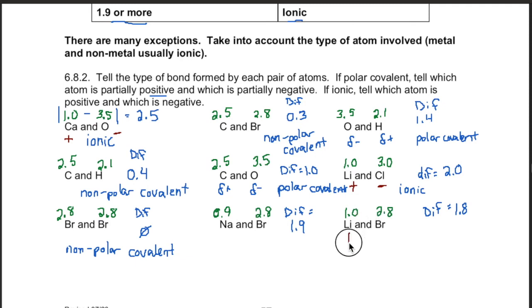We know that lithium makes a positively charged ion and bromine can make a negatively charged ion, just like sodium and bromine here. So these compounds are both ionic, just like this one was. Don't let the electronegativity throw you off from things that we already know about metals and nonmetals.